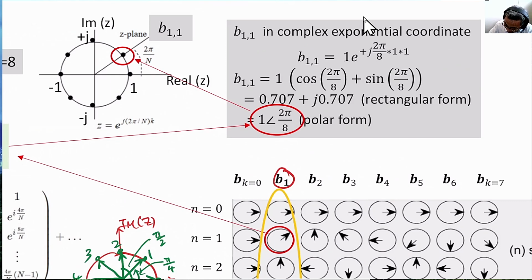This is k, this is small n, and you will see that you can work it out by substituting k and n to get it in rectangular form, followed by the polar form.